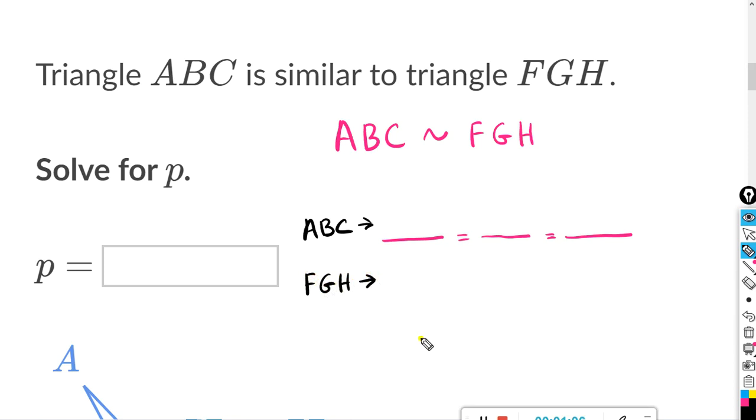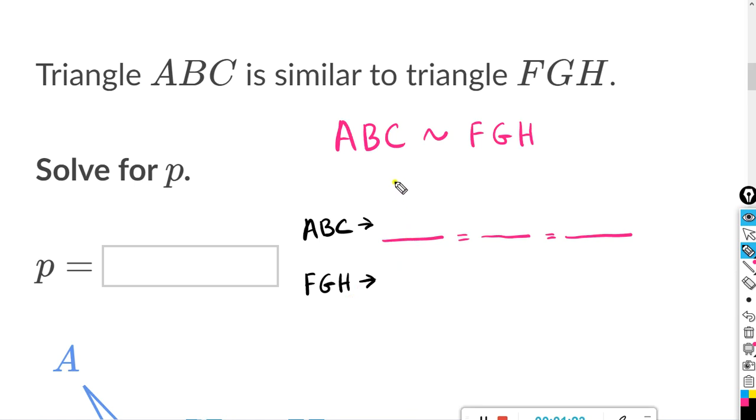We want to pick corresponding side lengths by choosing corresponding letters. Remember, when you designate the length of a side, you use two letters at a time.